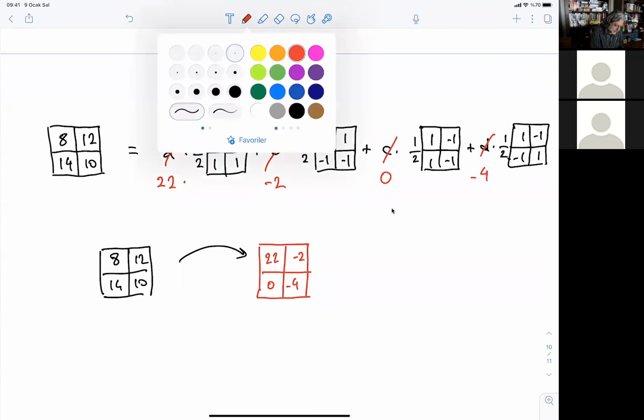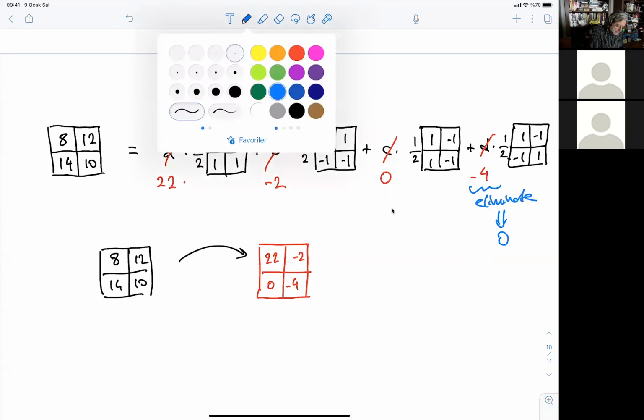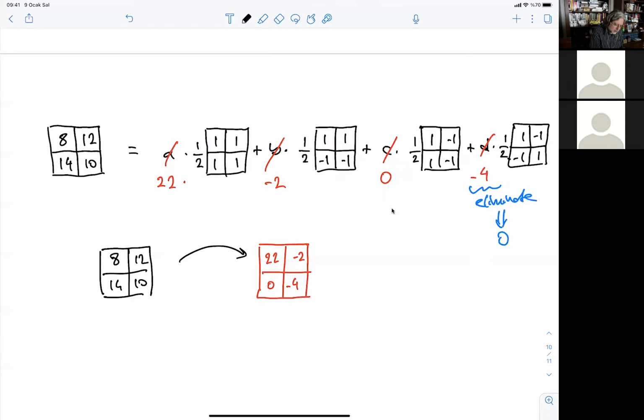For instance, suppose that I eliminate this one. When I eliminate it, it means I'm replacing it with 0. Since the value is unknown to me, I assume it's 0. So what would be the reconstruction if I have 22, -2, 0, and 0?